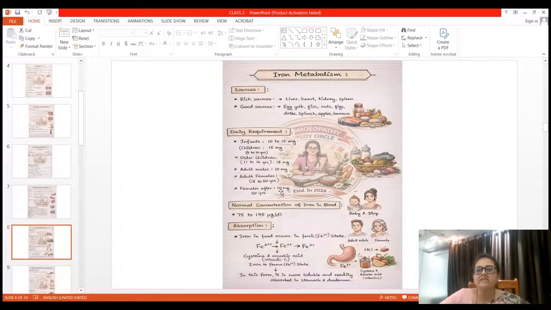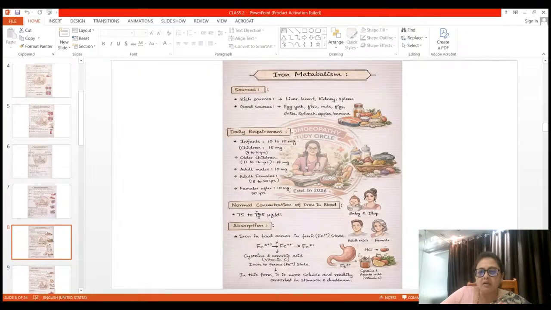Usually iron is lost during menstruation every month, with every cycle, so that is why there is more requirement in the reproductive age. Once there is menopause, there is no regular shedding of endometrium, that is why the iron requirement also reduces.